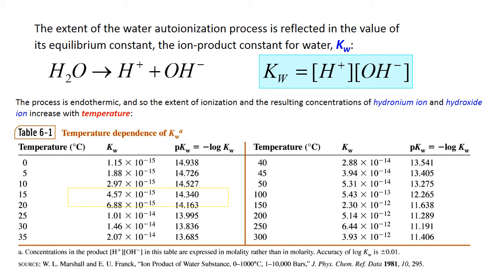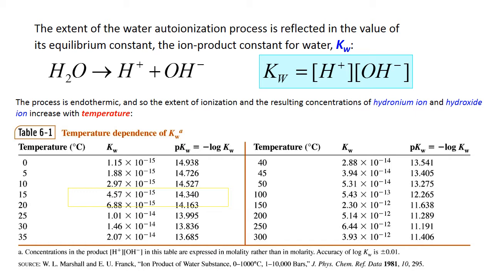The extent of the water ionization process is reflected by the value of its equilibrium constant, the so-called ion product constant of water, Kw. So for the reaction H2O makes H+ plus OH-, the equilibrium constant should be, drawing the line, what's above: concentration of H+ multiplied by concentration of OH-.